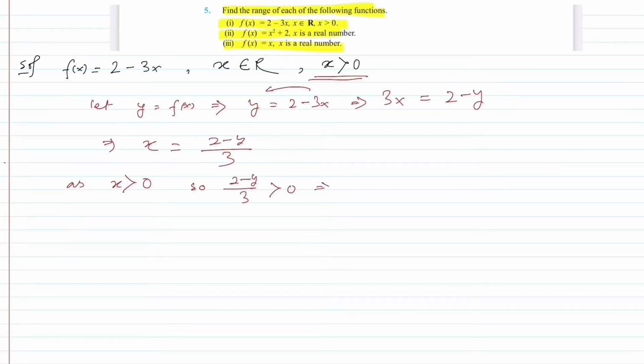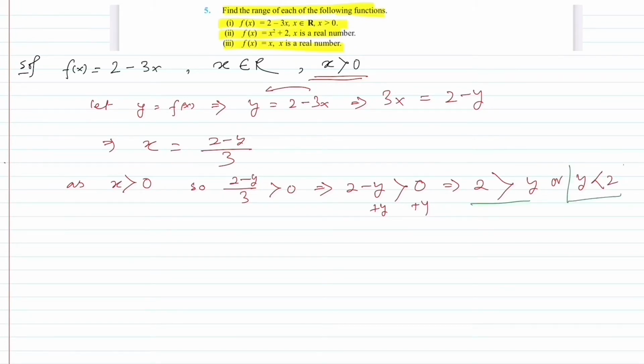That implies 2 minus y must also be greater than 0, which implies 2 is greater than y. Or you can say, adding y on both sides, we get 2 greater than y, or we can write y less than 2.